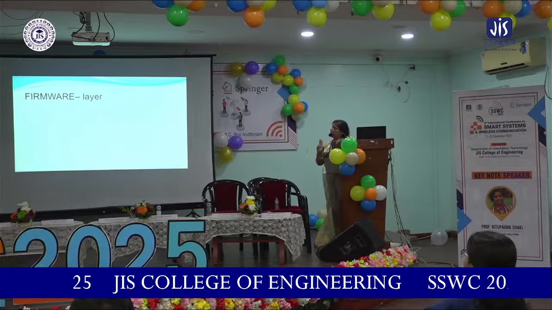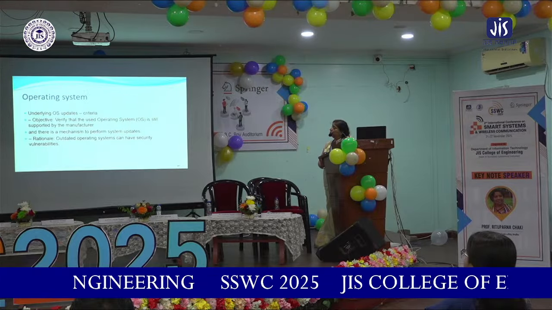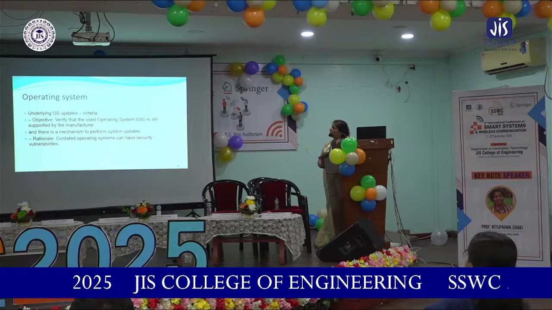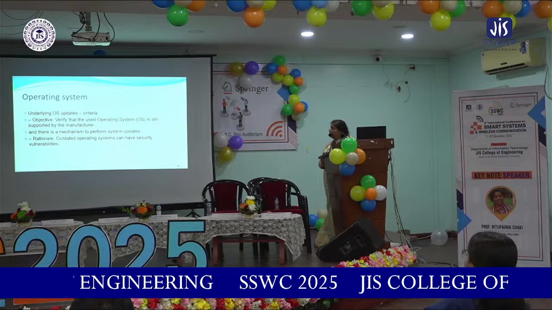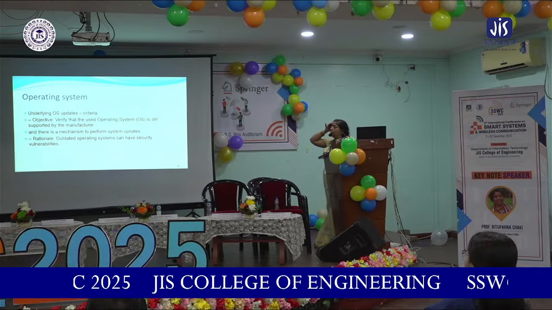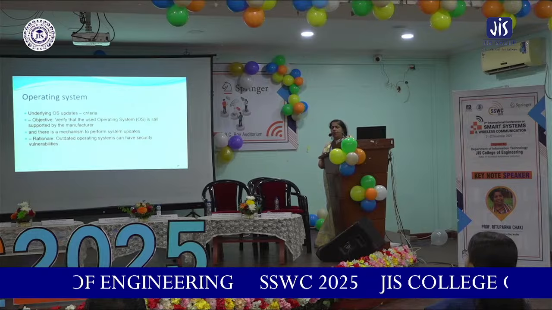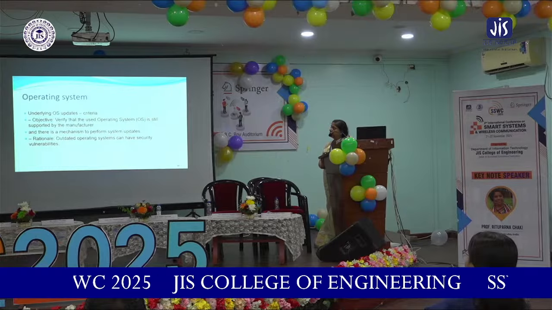Of course, the third layer is the firmware layer, where the consideration is about the operating system. So the first thing is underlying OS updates. We check for that and verify that it's still supported by the manufacturers. As you know, ROS has been active for the last 20 years, I suppose, and we are already having only 3 or 4 versions.